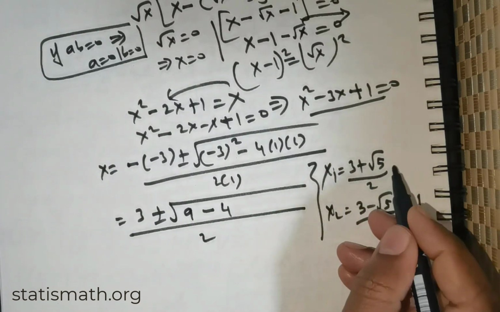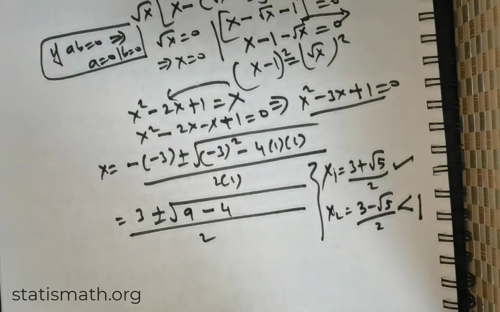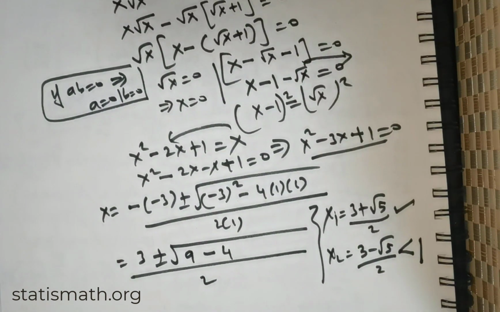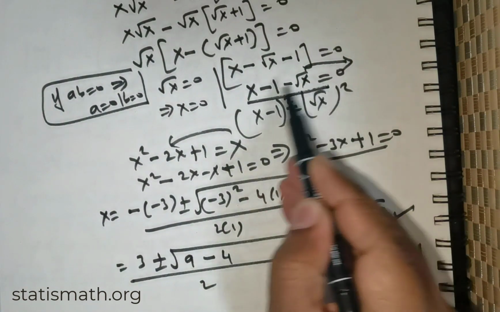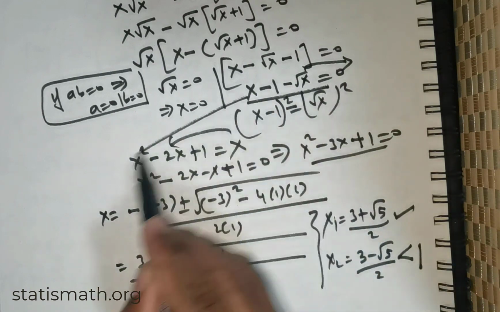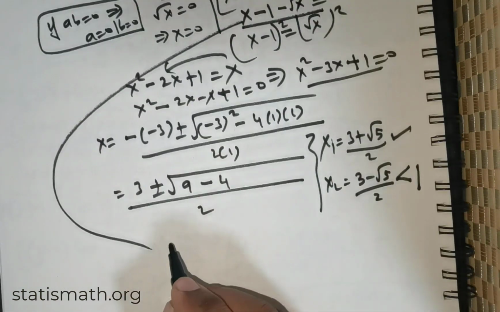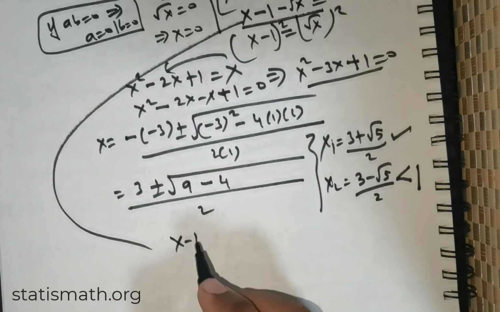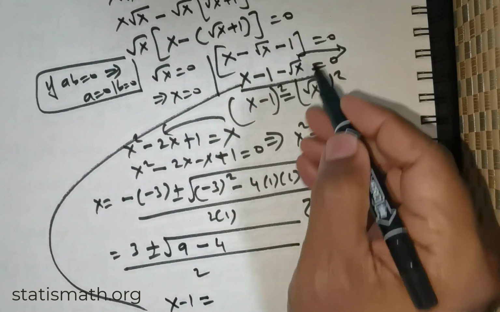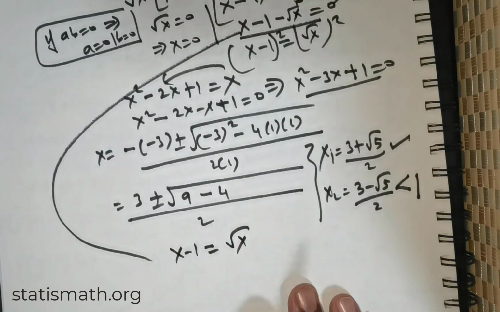So this is okay. Why is it of much concern for me? Let me just explain to you. If you were to observe here, let me draw your attention to this particular equation: x minus 1 minus root x is equal to 0. Now what did we exactly do here? We actually placed x minus 1 on the left side and we moved negative root x to the other side. So we have a quantity like this.